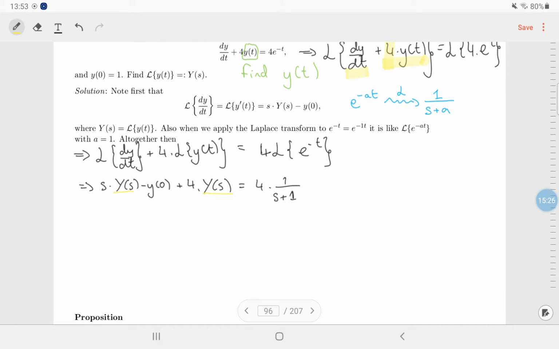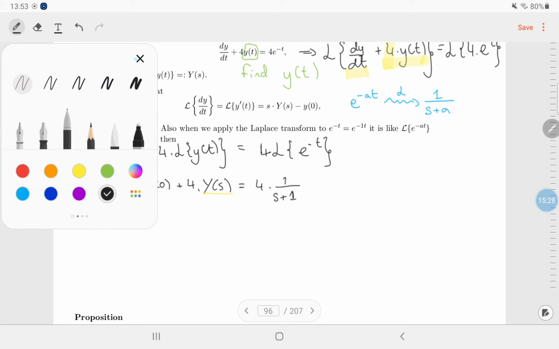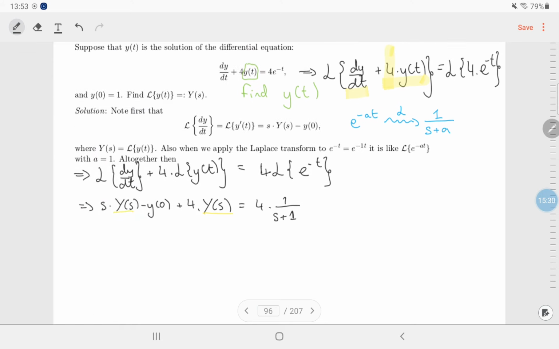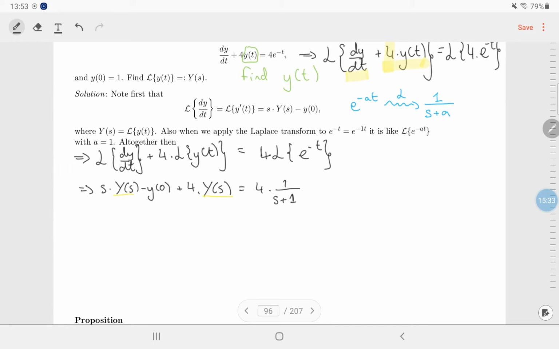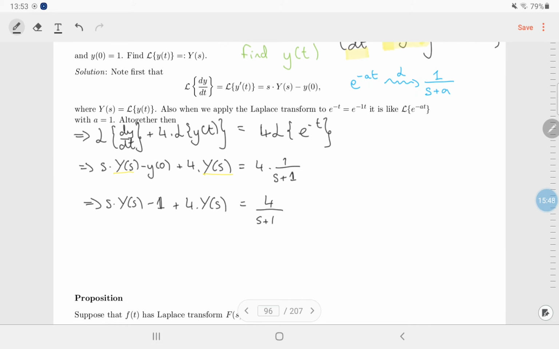Now, one thing we have to do is use the initial conditions. Here it says y of 0 is 1, so we'll input that. And I'll write this as 4 over s plus 1. Now, just for space, I'll go over here.